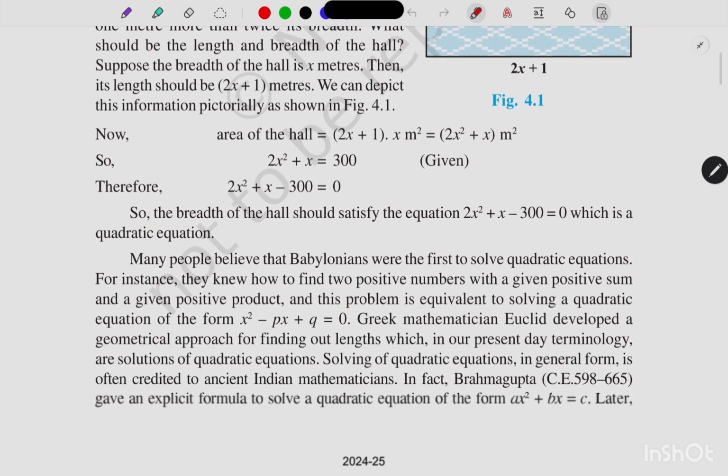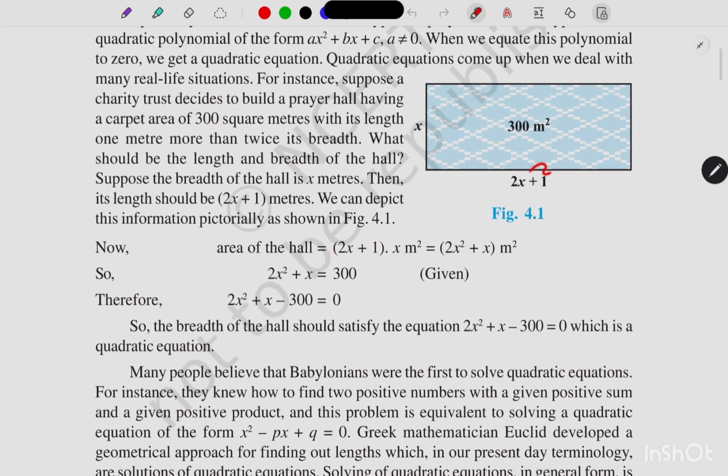Just check this. Now the area of the hall, according to the area of a rectangle, is length into breadth, that is 2x plus 1 multiplied by x. Always remember to put 2x plus 1 in a bracket because this is a unit. What do I mean?